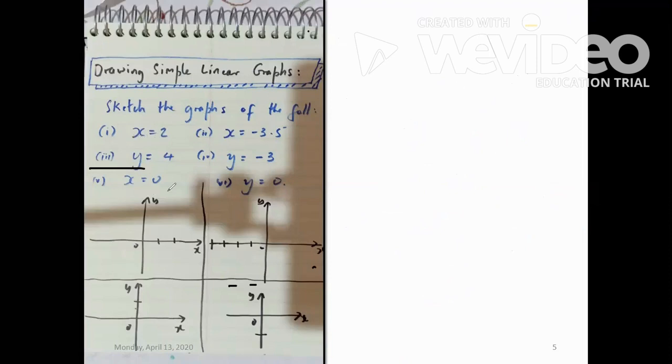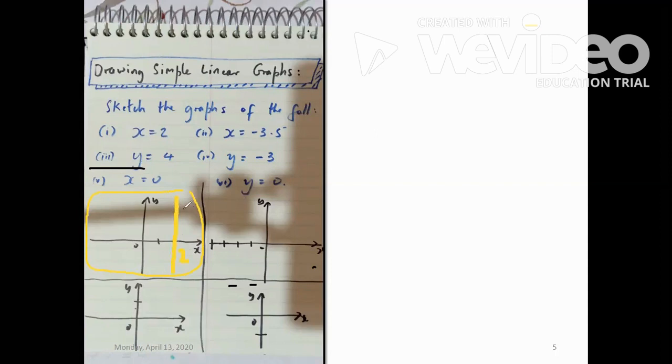Let's use this diagram down here. Where would you find x equal to 2? Well, it says x, so that would have to be on the x-axis. So right here. All right, so the line x equal to 2 is just a vertical line passing through 2 on the x-axis.